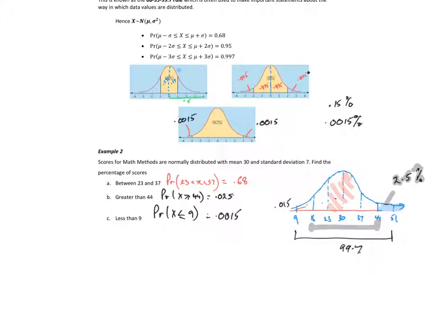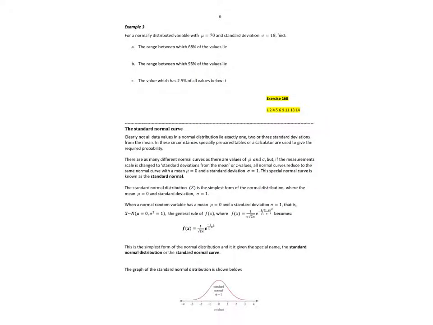Okay, so with a diagram, things fall into place for us relatively nicely. Example 3: a normal distribution, mu 70, standard deviation of 18. Again, first thing I'm going to do is draw a diagram and put in the key values.